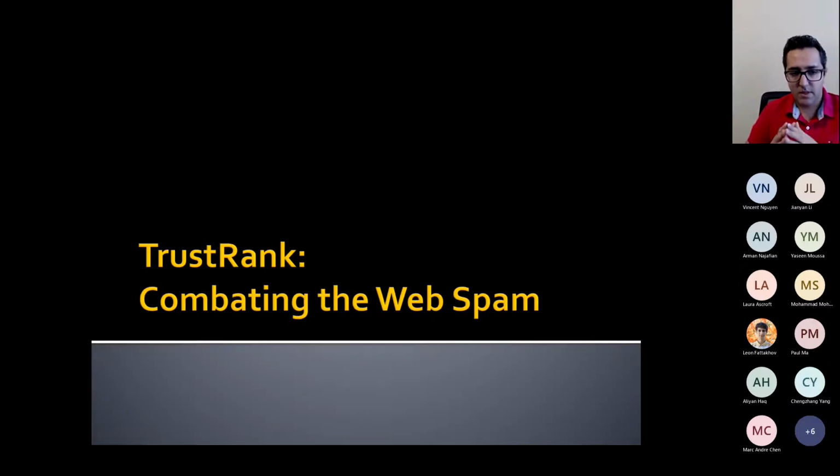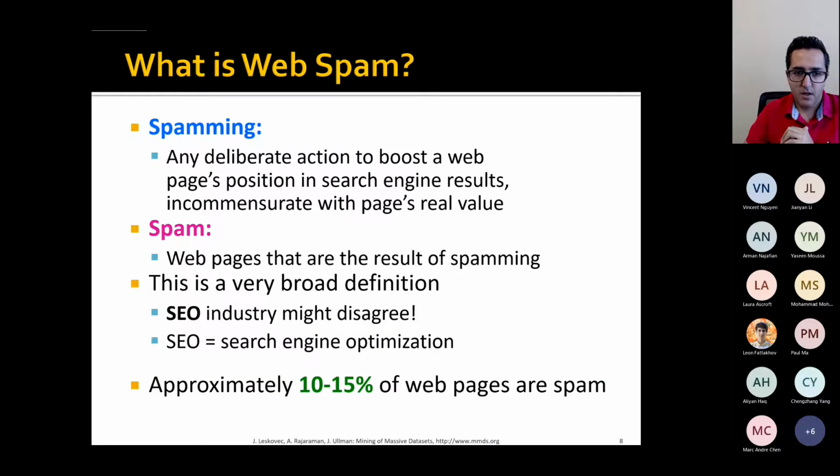All right, let's talk about TrustRank, which is the technique Google uses to combat web spam. So what is web spam? Let's define that before we start this lecture. Spamming is any deliberate action to boost a web page's position in search engine results. So if you do something to change your ranking in Google's results page, that is spamming. And spam is basically web pages that are the result of spamming.